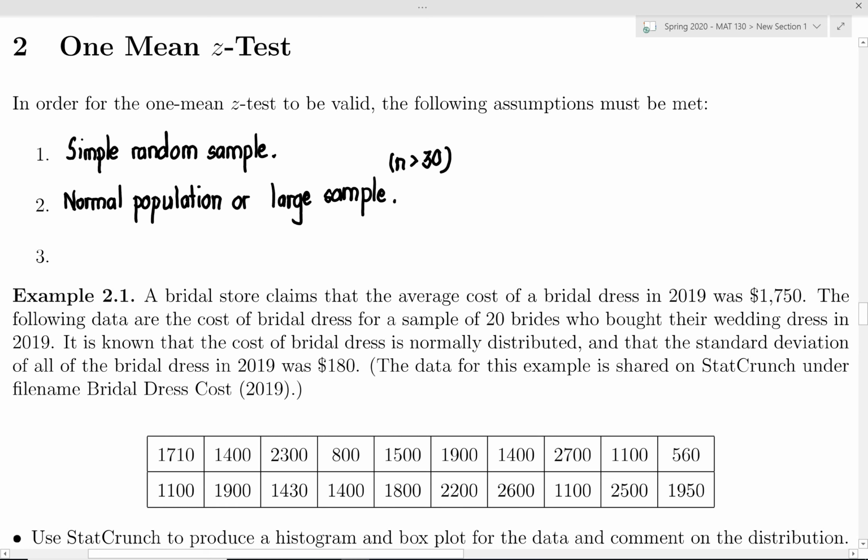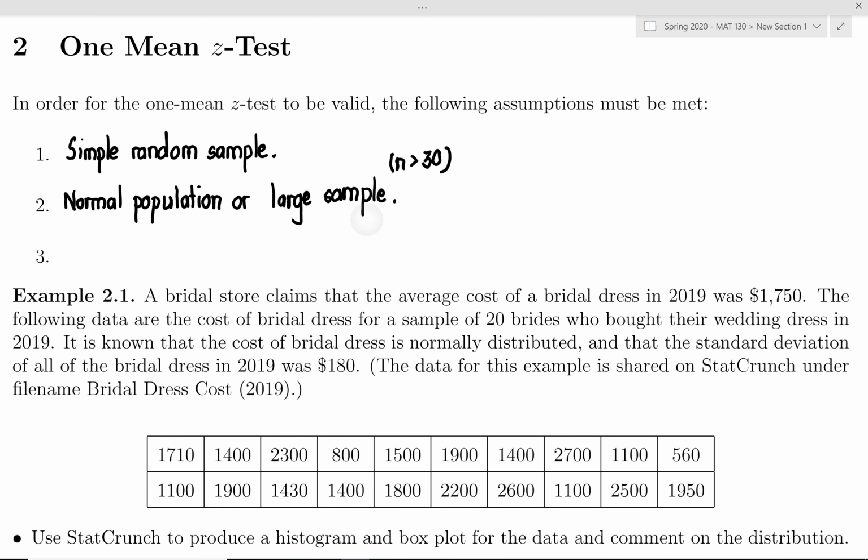We talked about this situation in class when we had a sample size that was moderate, let's say between 15 and 30. In that case, we would need to see if the data was normally distributed or not. To do that, we used StatCrunch and looked at the QQ plot. However, if we have a normal population or a large sample, we're good to go.